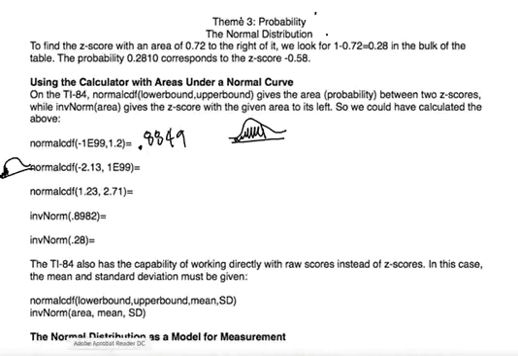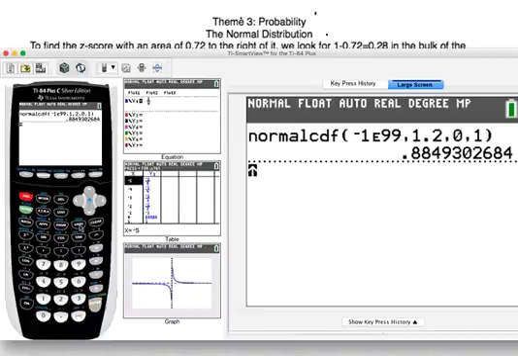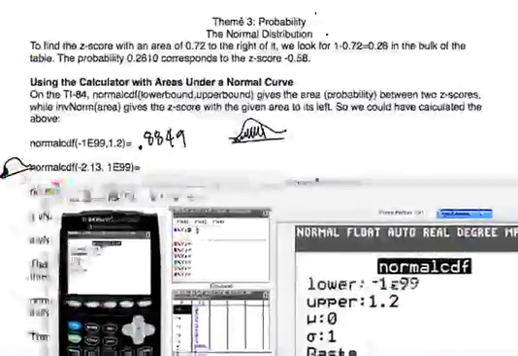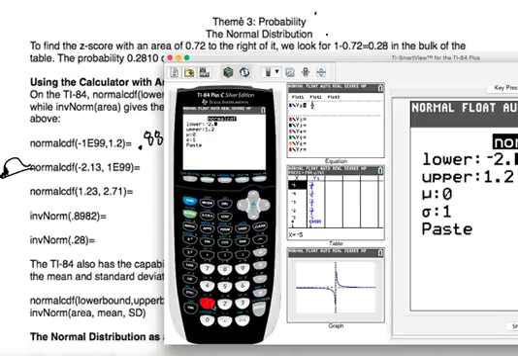Then on your calculator you could do second vars, normal CDF. This time your lower bound is going to be negative 2.13. Your upper bound is 1, second comma, 99.